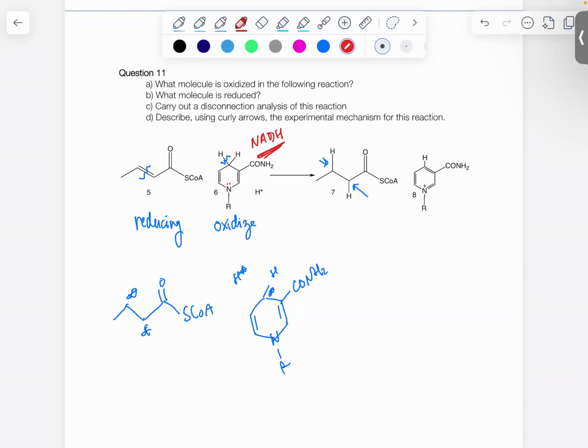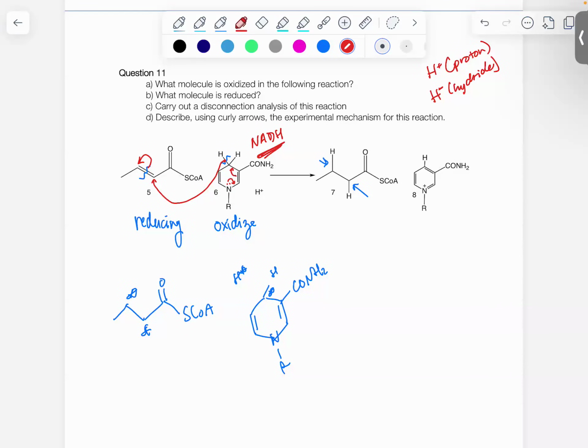So all of our curly arrows start with electrons. We're going to start with this lone pair here. It's going to kick electrons up until we're not going to lose H plus, which is a proton. Instead, we're going to lose H minus, which is a hydrogen. And so this proton and its electrons are going to come over here and kick that double bond there.